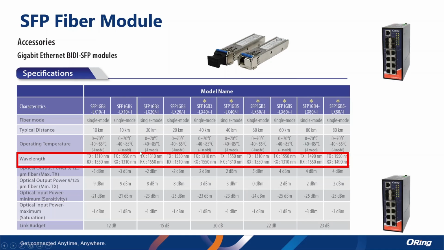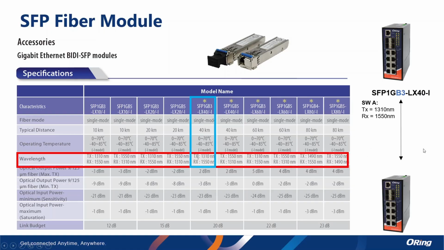So for example, if I have two switches, switch 1 and switch 2, or switch A and switch B, and I want to connect these two switches, for switch A or switch 1, I choose SFP1G B3 LX40I. It has the transmitter at 1310, and the receiver at 1550 here.